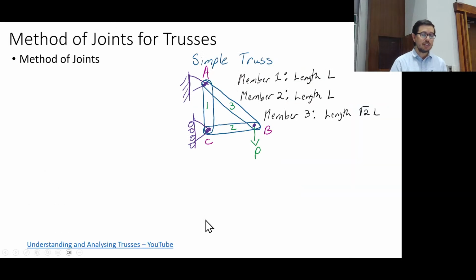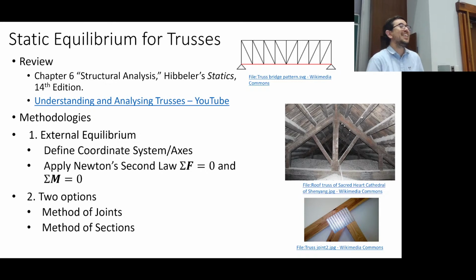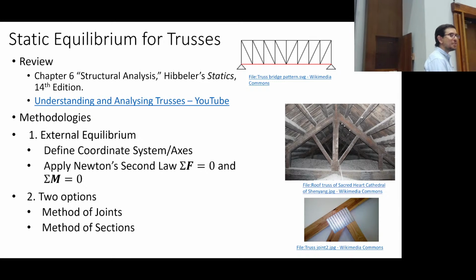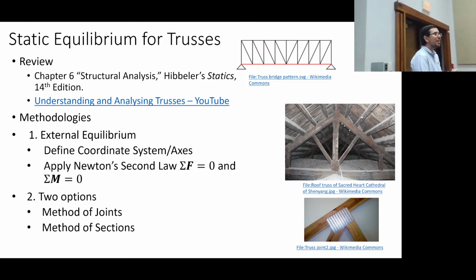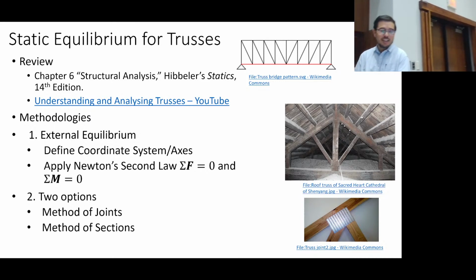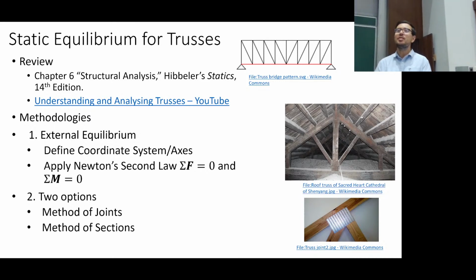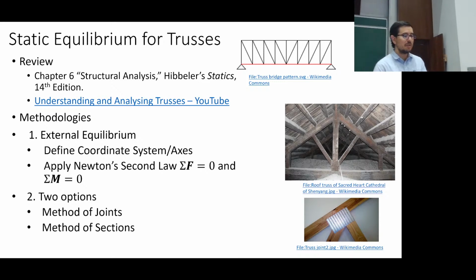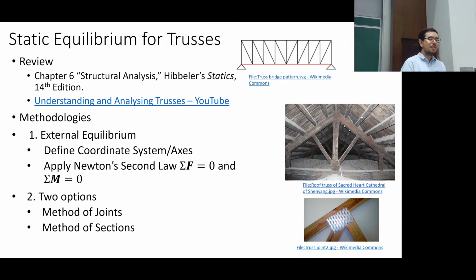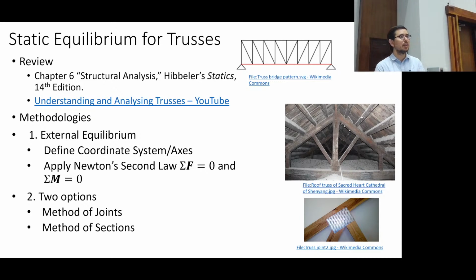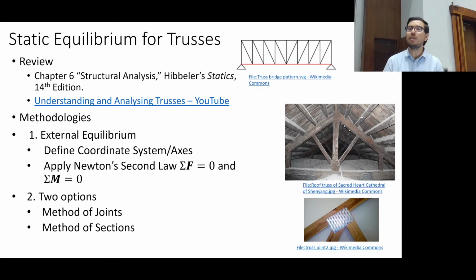Does everyone like trusses? No. Okay, that's okay. We're honest, right? Guess what? The methodology is surprisingly similar. Or is it maybe not surprising? We first do external equilibrium, and then we do internal equilibrium. If we're using method of sections, or if we're using method of joints, we also do a form of internal equilibrium, right? So this looks familiar.